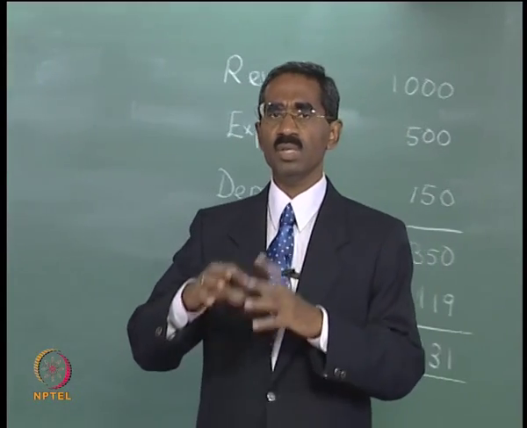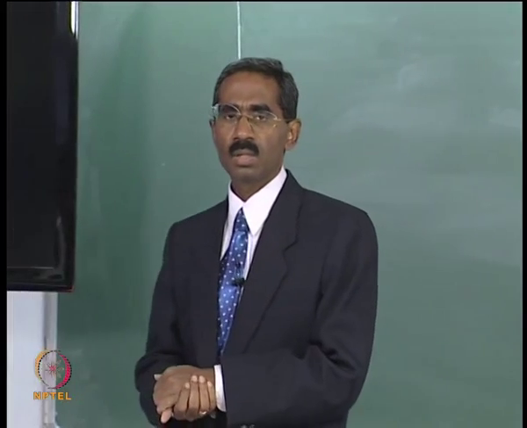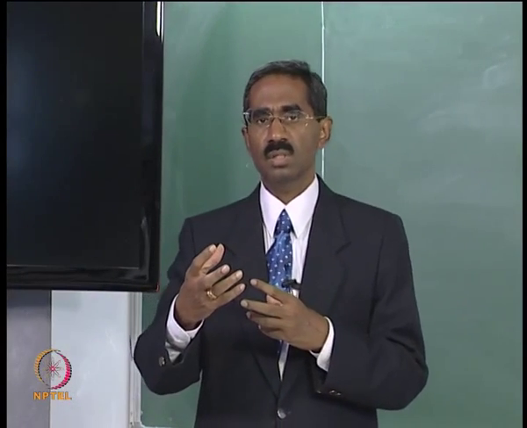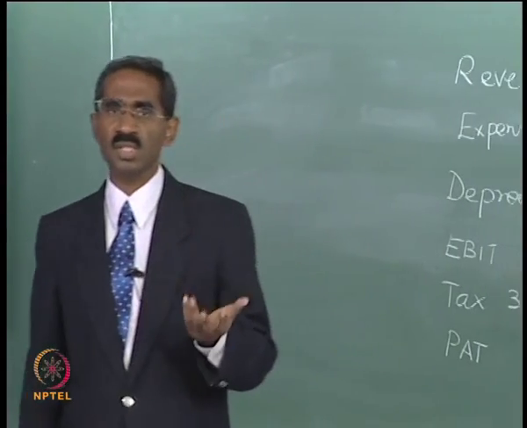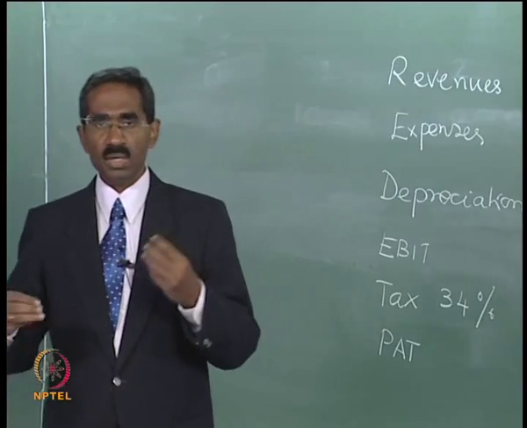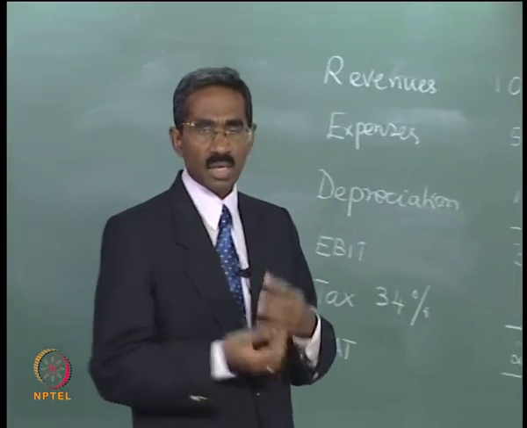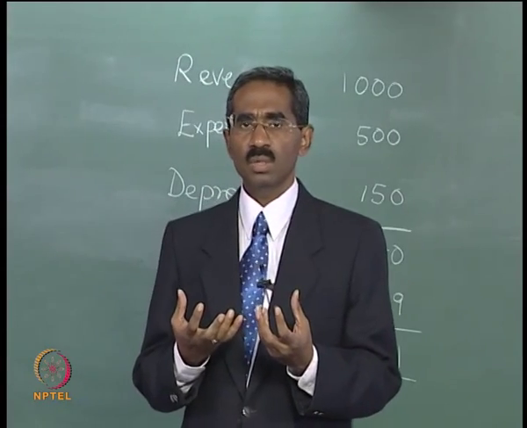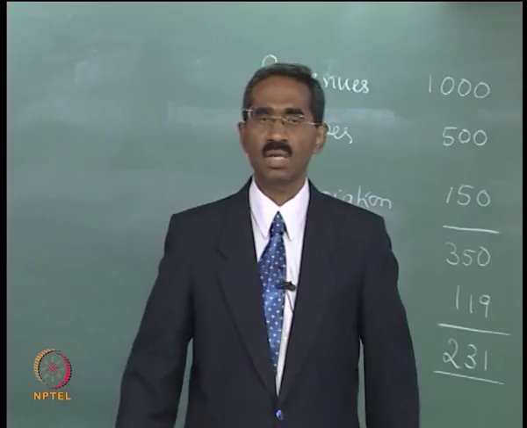Now if current liabilities increase, then the net working capital will reduce. So this increase in current liabilities or a reduction in net working capital is treated as a cash inflow, because when we are delaying making payments to our suppliers, the cash is available for use for some other purpose. So therefore it is treated as a cash inflow.